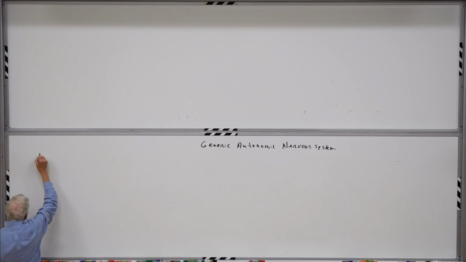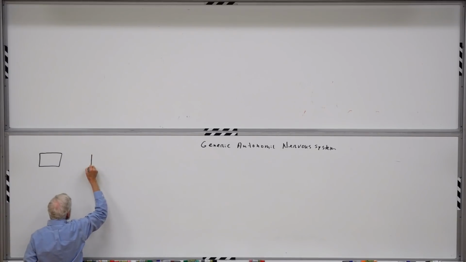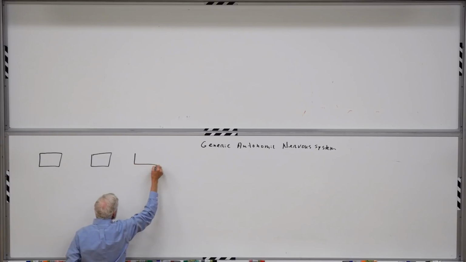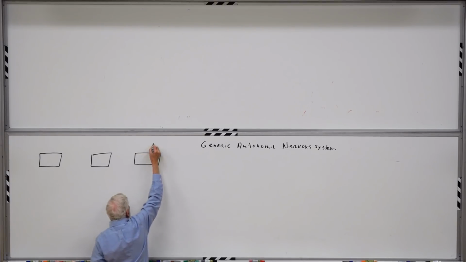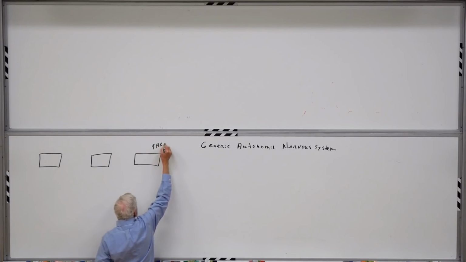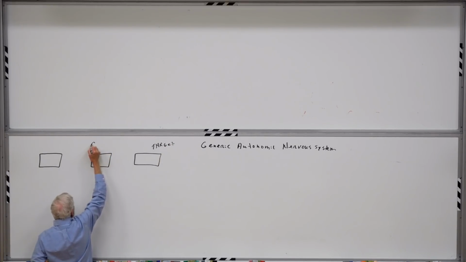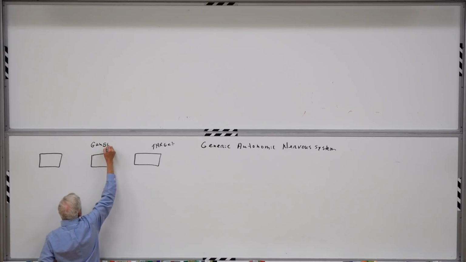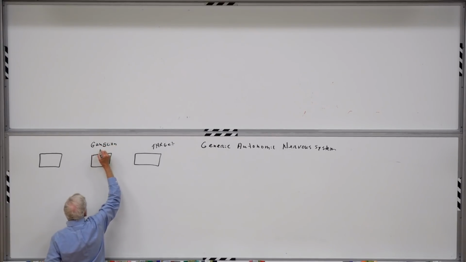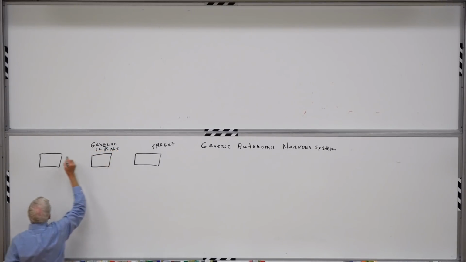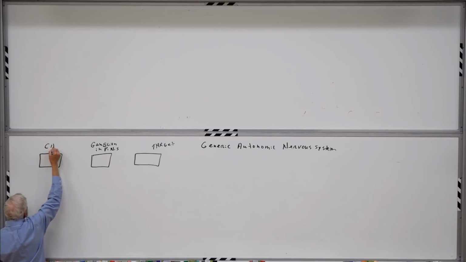And we'll do this as a kind of three-box model, again, just as we had yesterday at the close of lecture, where this is the target, this is the ganglion in the peripheral nervous system, and this is the central nervous system.